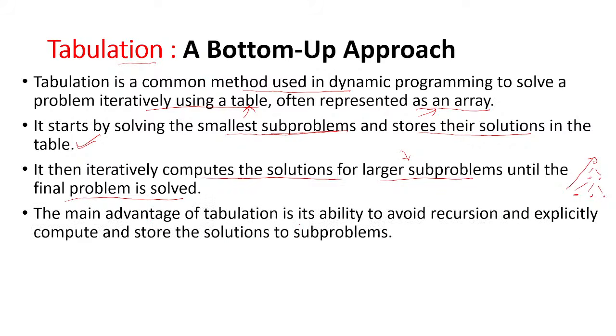The main advantage of tabulation is its ability to avoid recursion. Here there is no need to use recursion. Even memoization uses recursion; some part of recursion is used in memoization. Memoization is nothing but recursion plus caching.